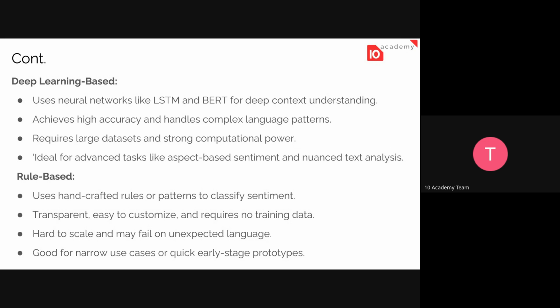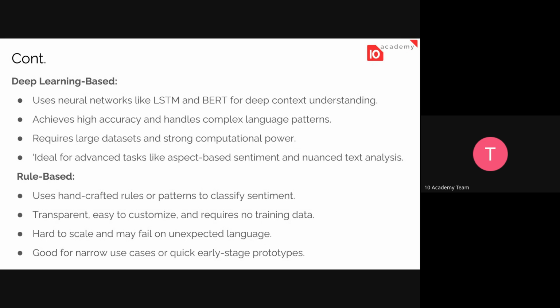It reads the overall sentence rather than just individual words. So they are very accurate and capture small nuances in language, tone, sarcasm, phrasing, all of that. But they come at a cost. They need a large dataset and strong computational power. So that's the bad side of deep learning.